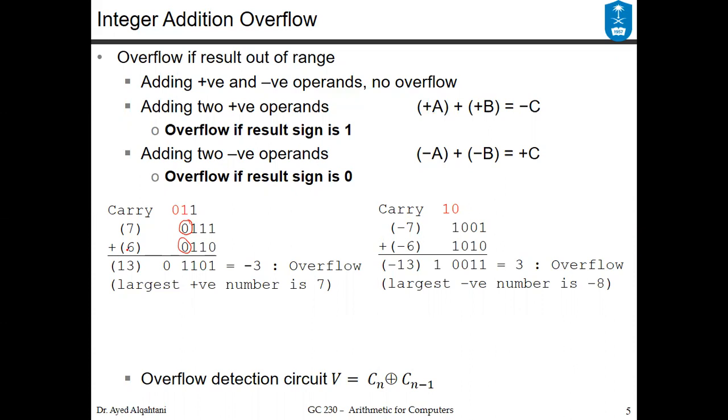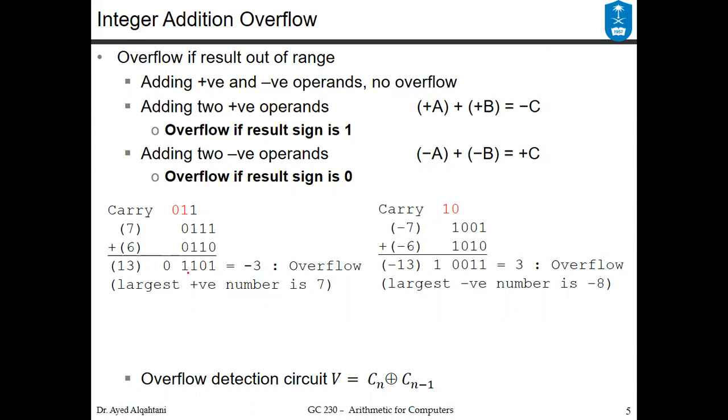When you add it, 1 plus 0 is 1, carry 0. 0 plus 1 is 0, carry 1. 1 plus 1 is 1, carry 1. And 1 plus 0 is 1, carry 0. And now this 0 will be dropped as a carry out. But this is the number that you got.